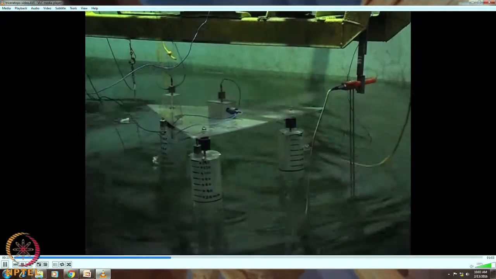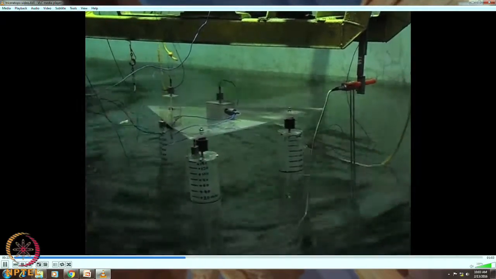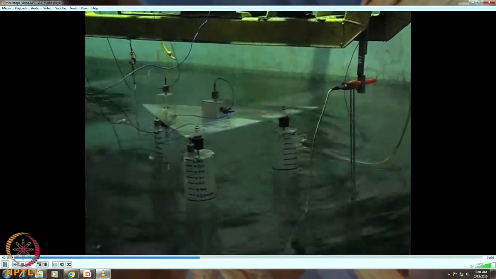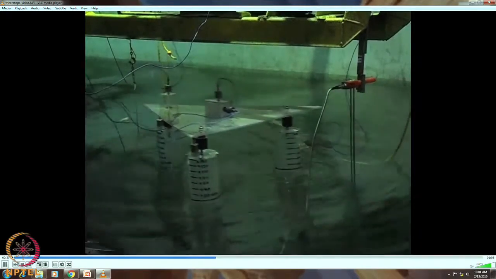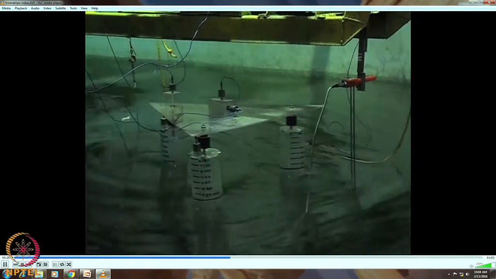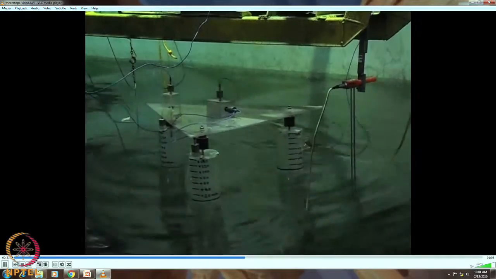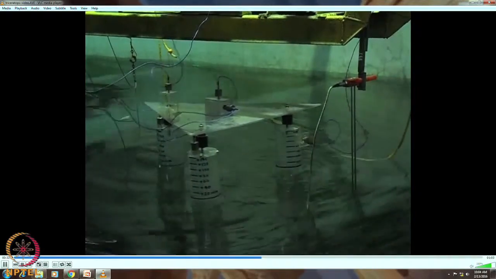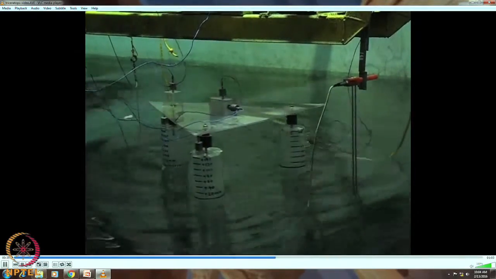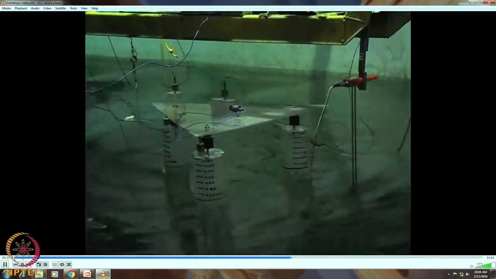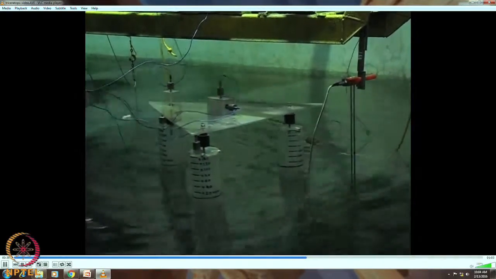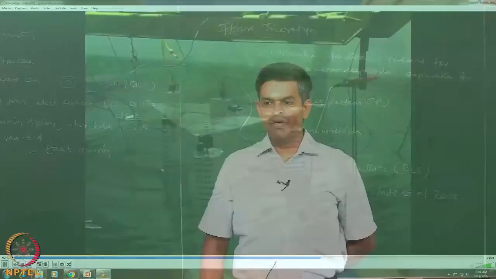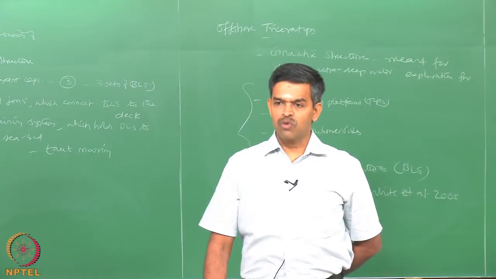So, displacements are transferred, but rotations are not transferred from the BLS to the deck at all. The ball joints absorb these rotational displacements, but they transfer the translational displacements from the BLS to the deck. This is a very important aspect of the design. Therefore, based on this understanding, one can now do the FMEA, which I will show you now.